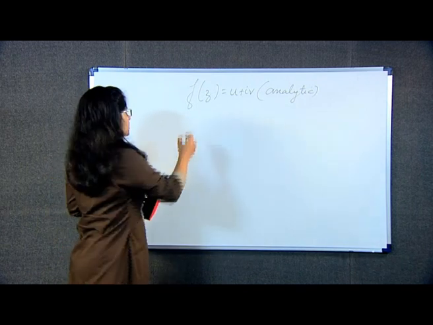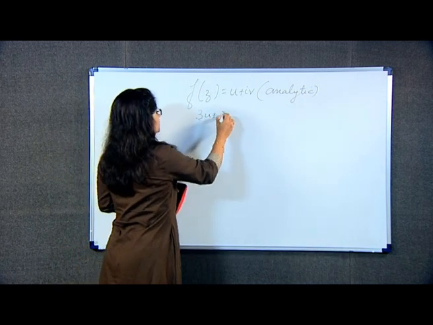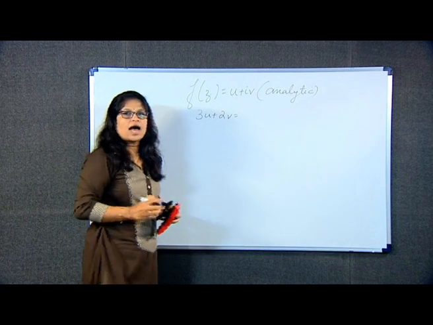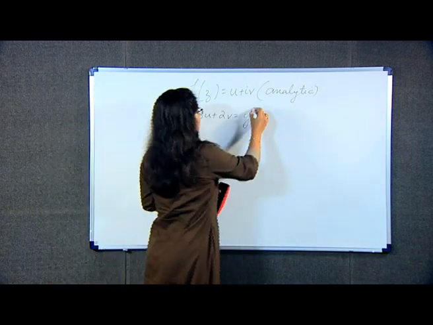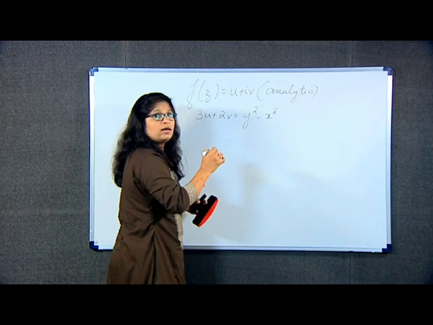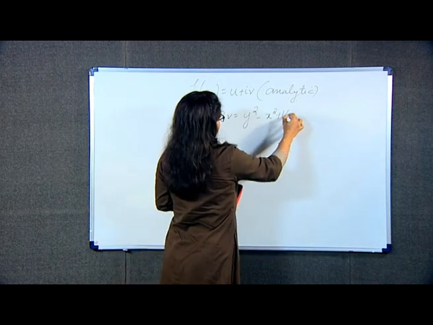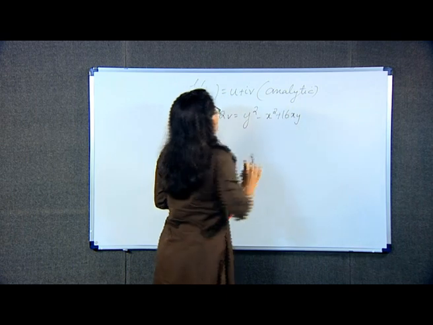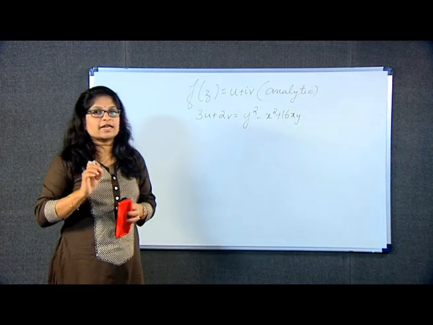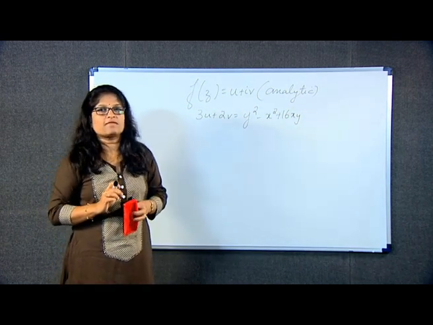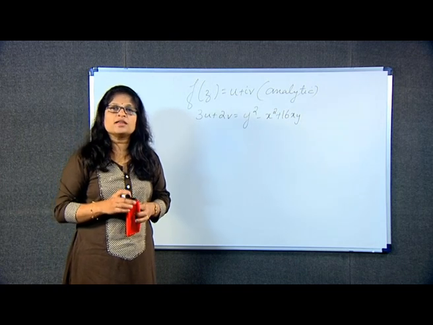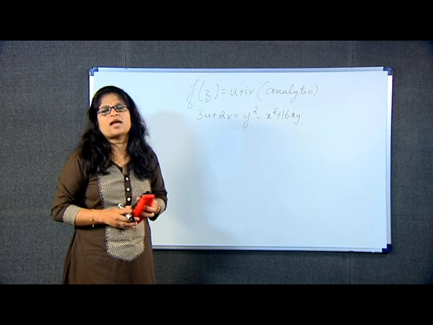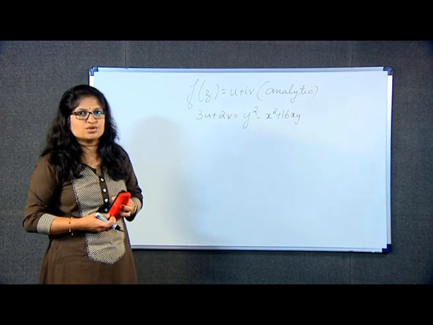But here in this case, I am going to give you 3u + 2v as a function of x and y, that is y^2 - x^2 + 16x. So, if I have a function which is a linear combination of u and v, still you can find the analytic function. You can either use the Milne-Thompson method, but this is a direct analytic method which we are going to use.